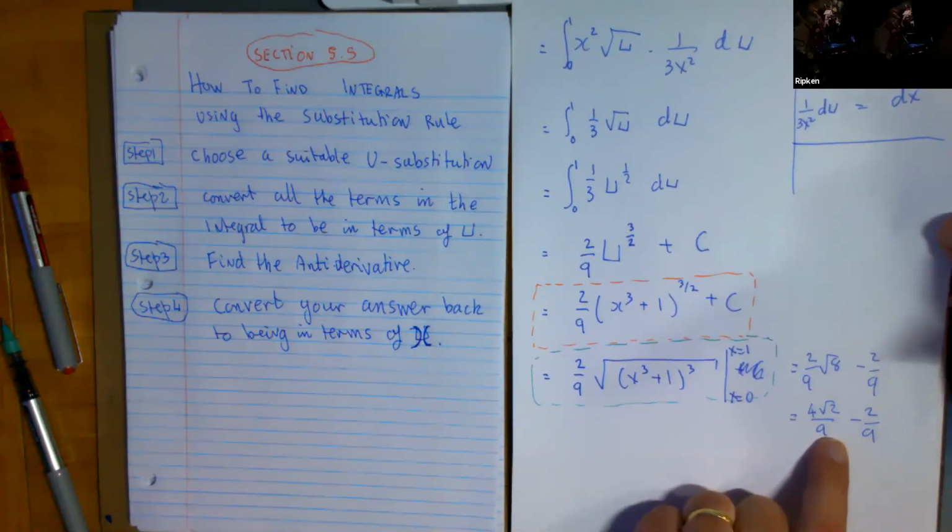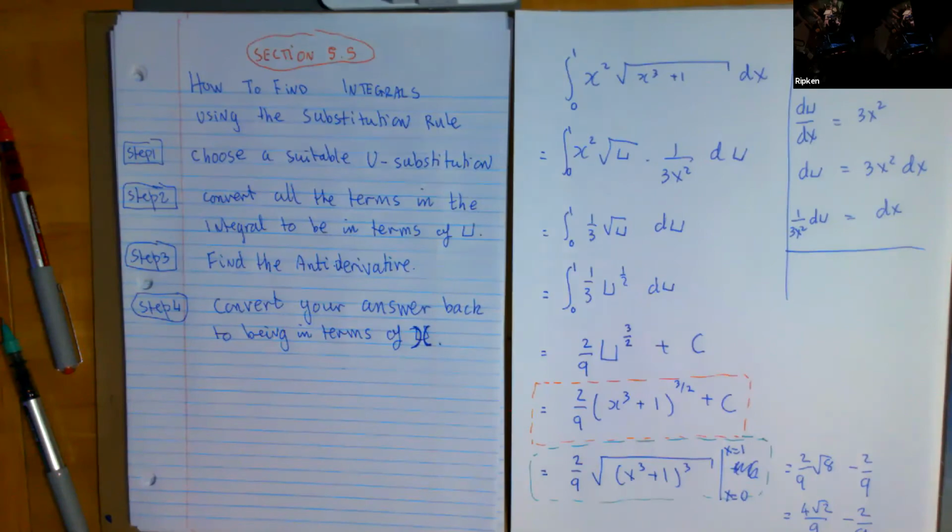I want to clarify something real quick. So with the substitution rule, once we find out what we're going to use for our u, and then we are trying to find the equation.